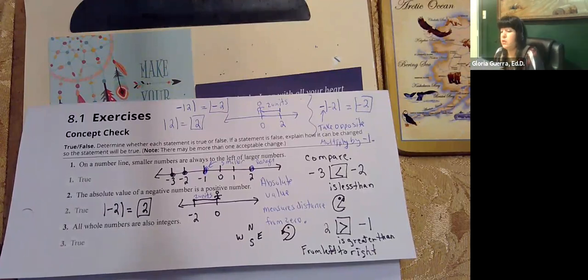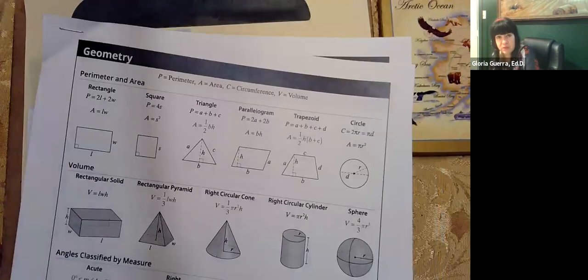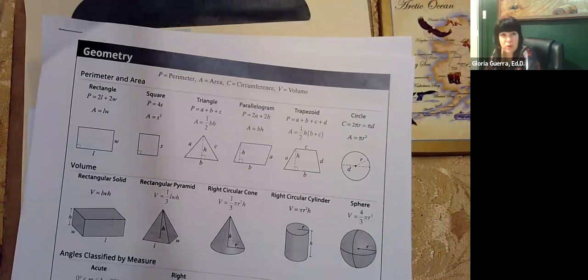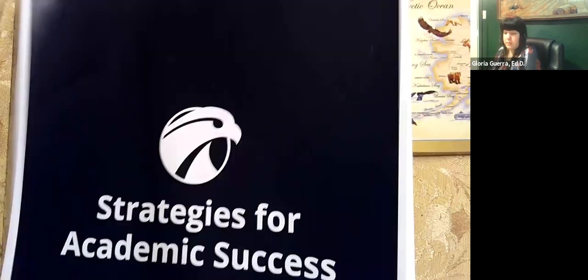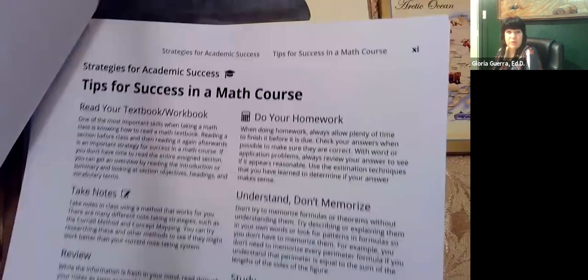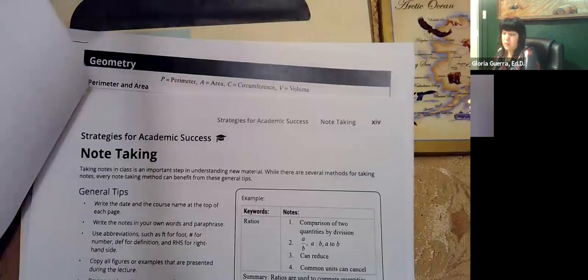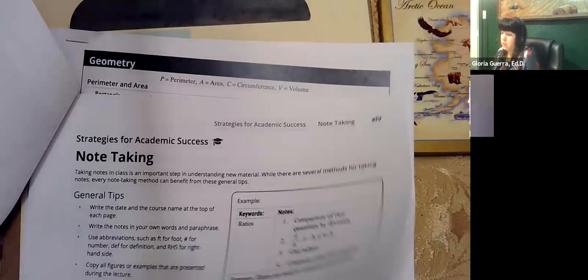It's going to be kind of hard to explain because it doesn't have a page number. I just stapled these pages together, but you know how we were working with the geometry. Remember how we had the study skills? The paper is behind the study skills. Remember we had these strategies for academic success. These are like the decimal exercises in your Hawks Learning.